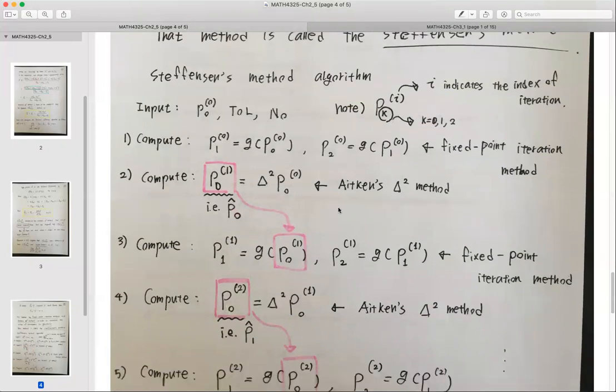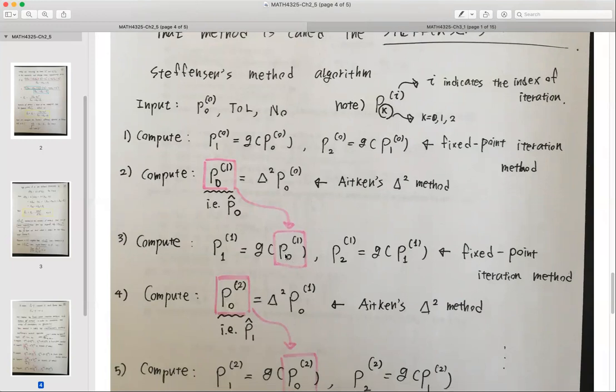Now, next iteration, that's step 3, that's going to be the first iteration, right? So in the first iteration, we calculate P1 using fixed point iteration, but here, instead of using P0, we use the P0 hat, which is the first term in the sequence obtained by Aitken's delta square method.